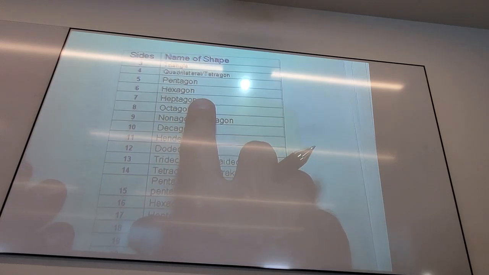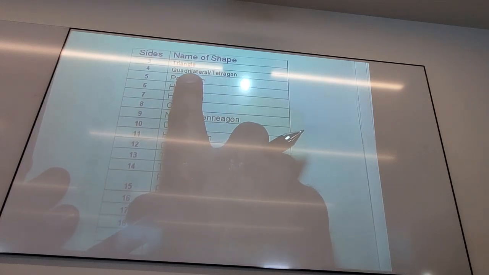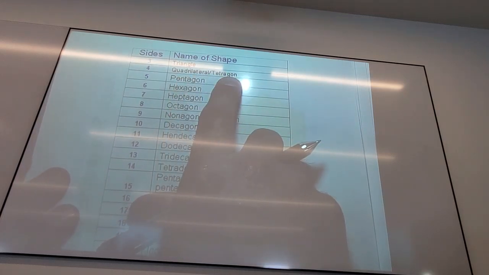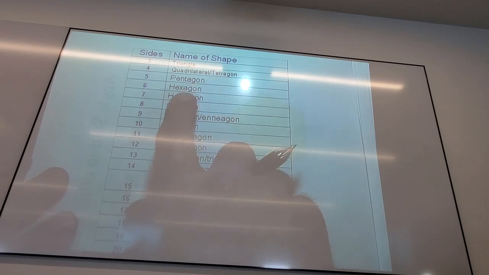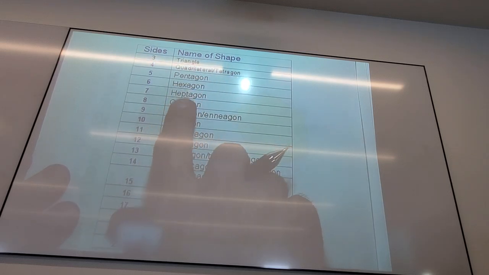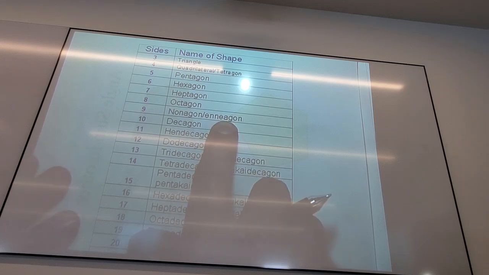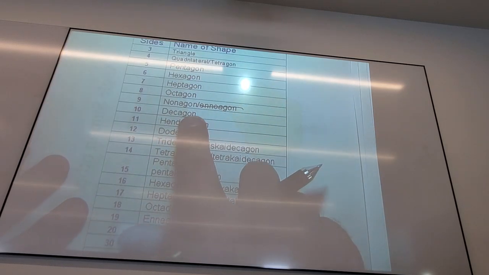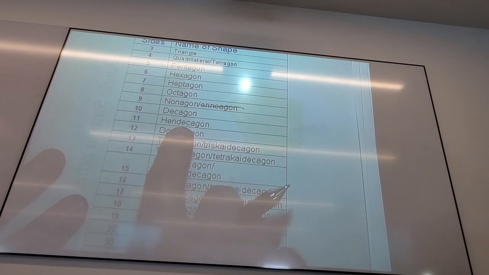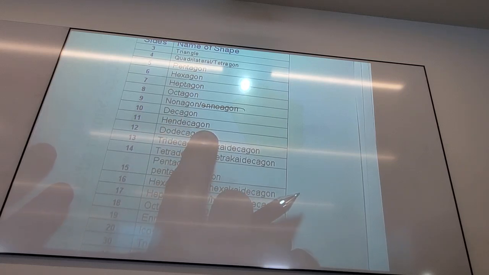So let's see if any of these sound familiar. Now, one lesser named name for quadrilateral is a tetragon. I'm not going to worry about tetragon. Then you got your pentagon, hexagon, heptagon, octagon, nonagon. It's also called an enneagon, but let's not worry about that. Decagon. Now this one's definitely weird. This one is one I always forget. So I didn't even remember it until I just looked at it now.